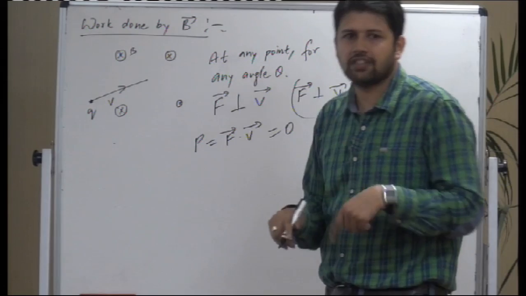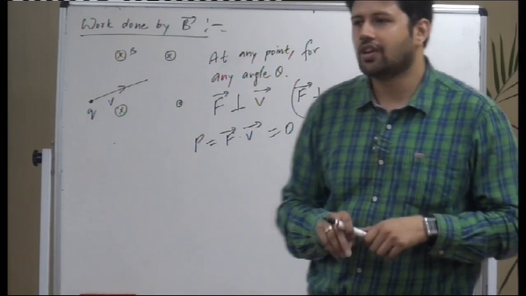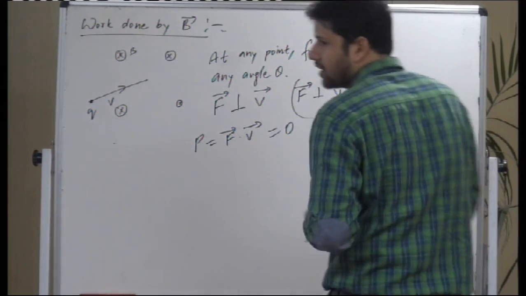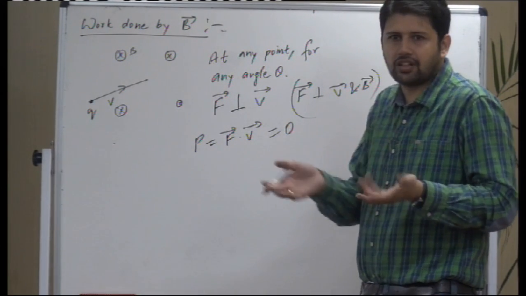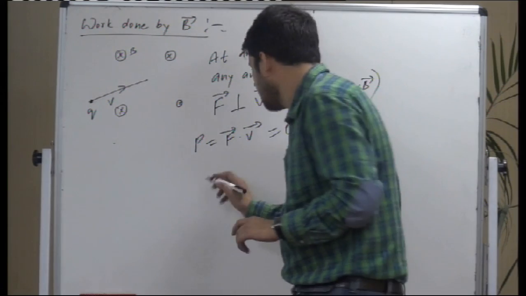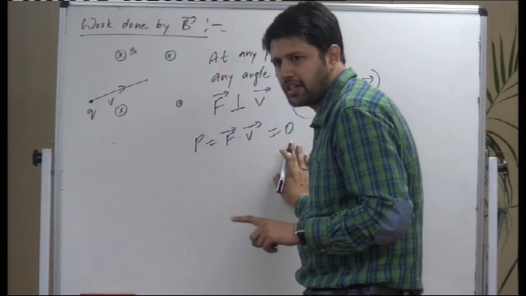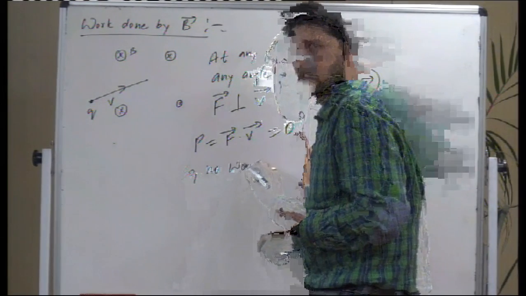What is power? The rate of doing work. The rate of doing work is 0, so you are not doing any work. Since power delivered at every point is 0, there is no work done.